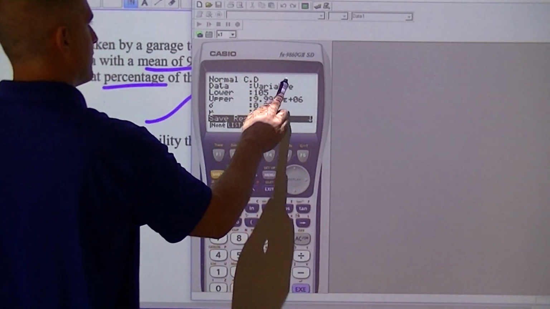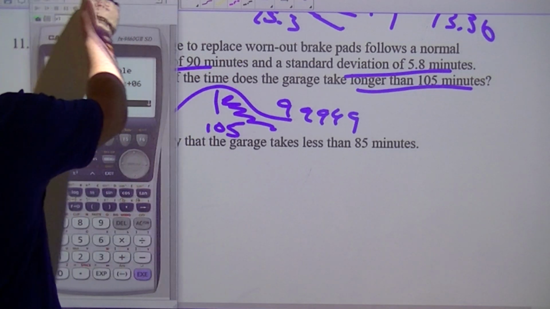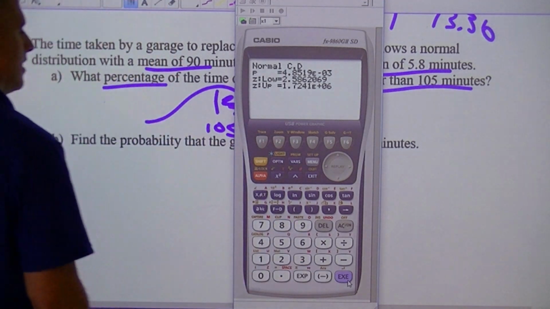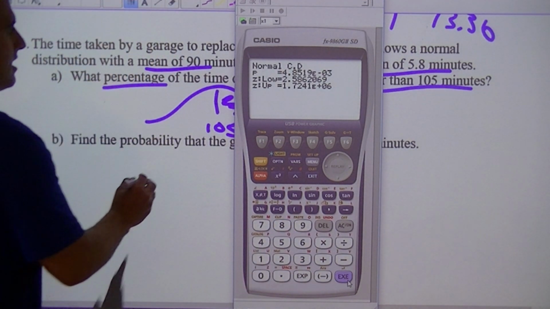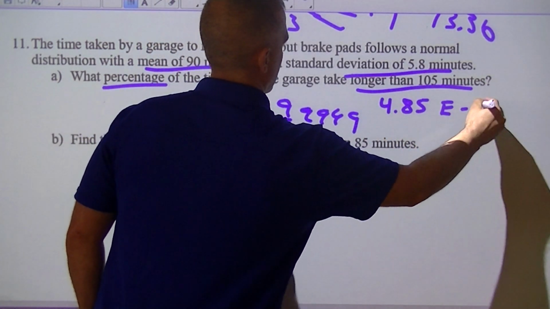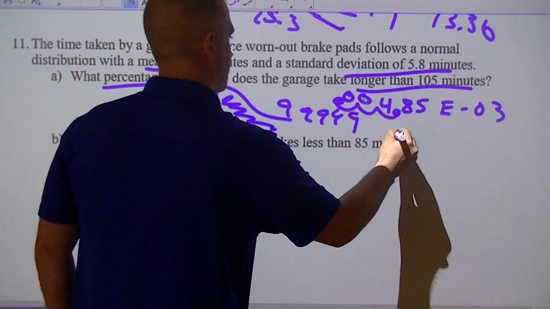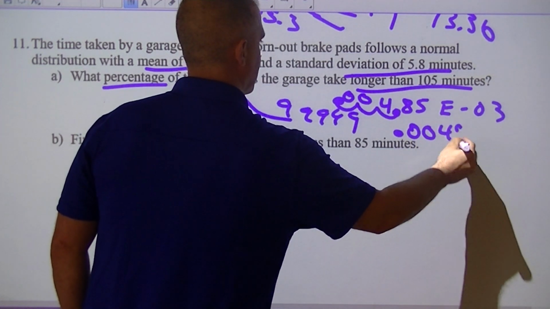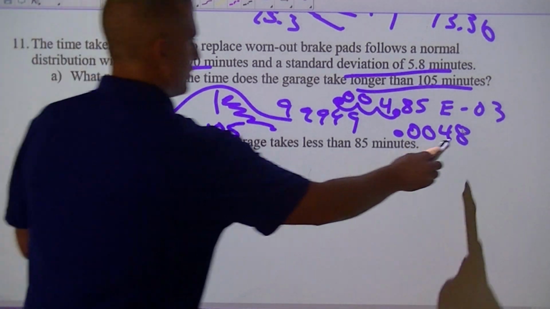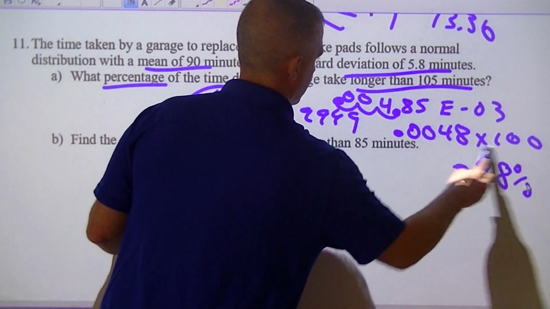And the standard deviation is 5.8, I believe. Yep, 5.8. Okay, so when you get this thing with the E, what that means is move this 1, 2, 3 spots. So really this probability is 0.048. Okay? All right, you can't have a probability more than one. So this asks for percentage, so I would times 100, which would give me 0.48%.